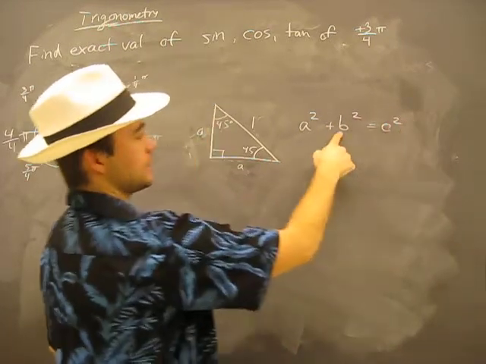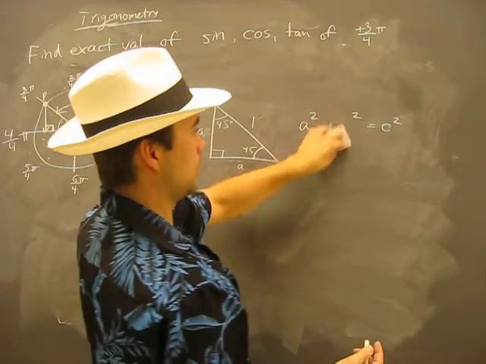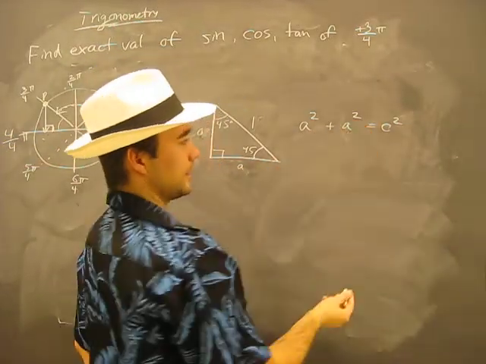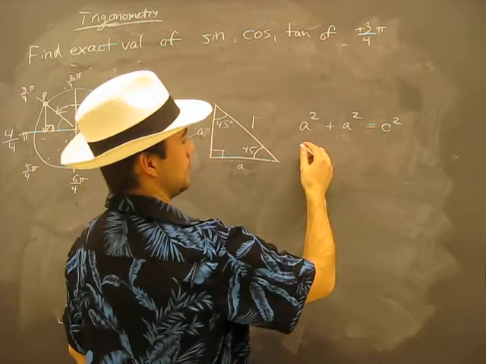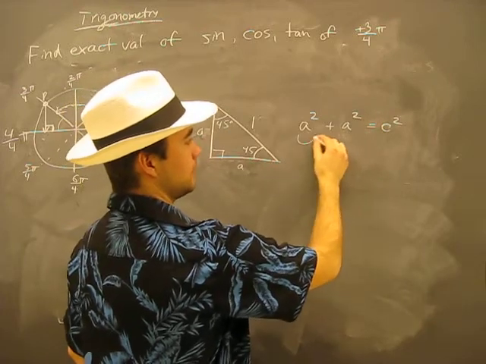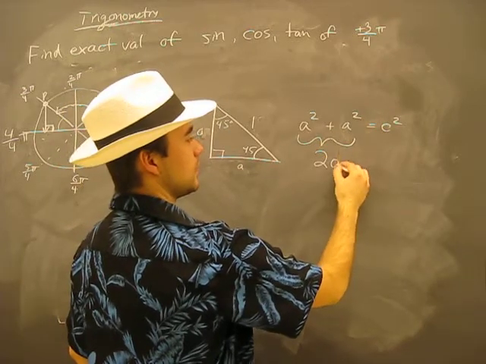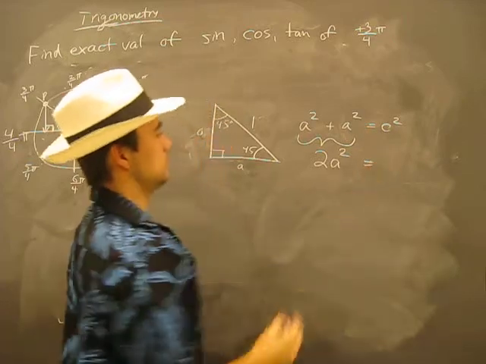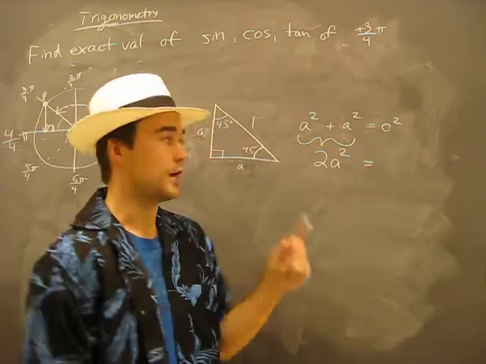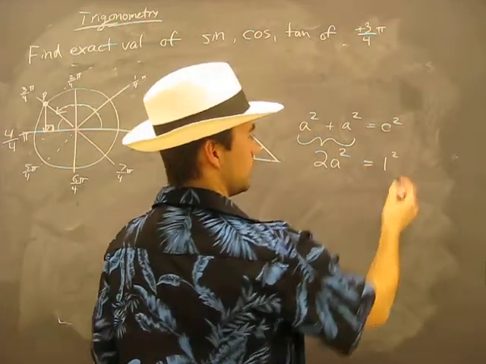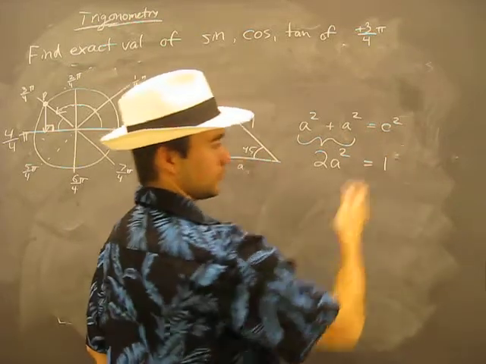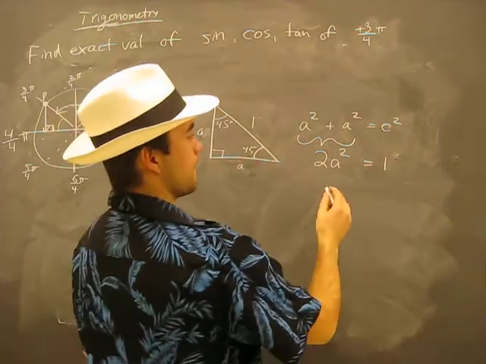But I already said that B is the same as A, so what we have here is 2A squared, and on this side, C is 1, so we'll just put that there. 1 squared is just 1, so that's good the way it is.